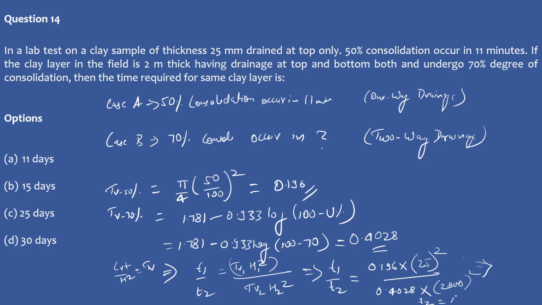So T2 will be 11 into 0.4028 into 2000 square, answer divided by 0.196 into 25 square, right?